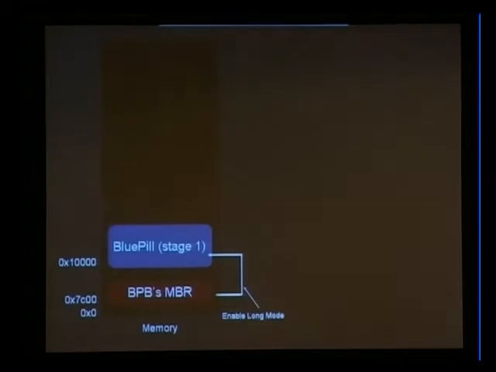So then it assumes that the first megabyte of the physical memory is always allowed to be rewritten by any operating system loader. So it locates the main Bluepill's image at the address of 10,000 hex and copies the Bluepill boot code there. And it also enables long mode right in the MBR.